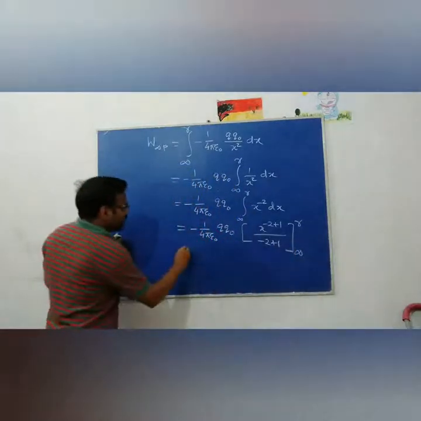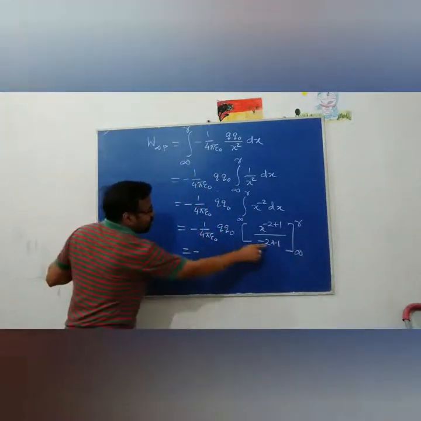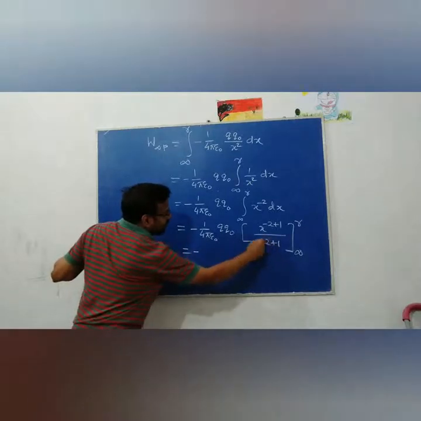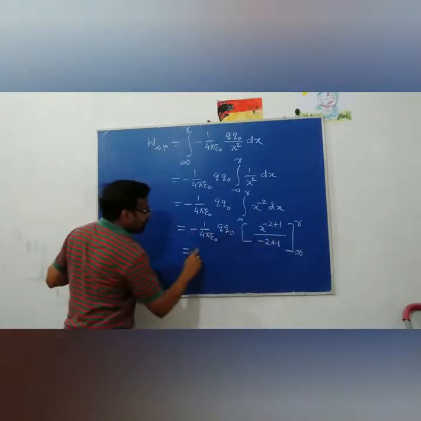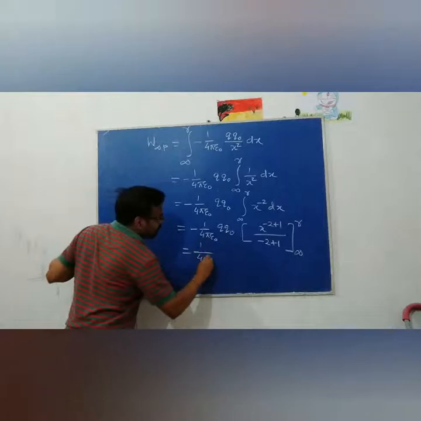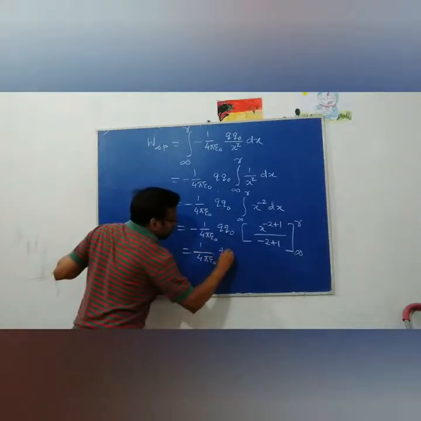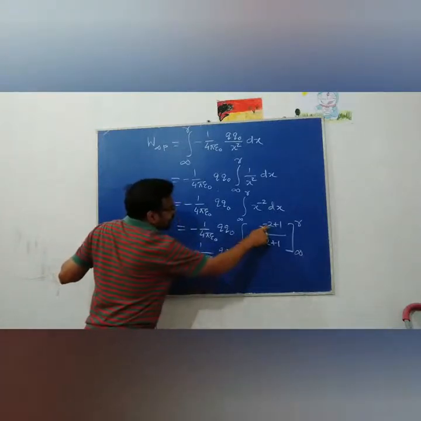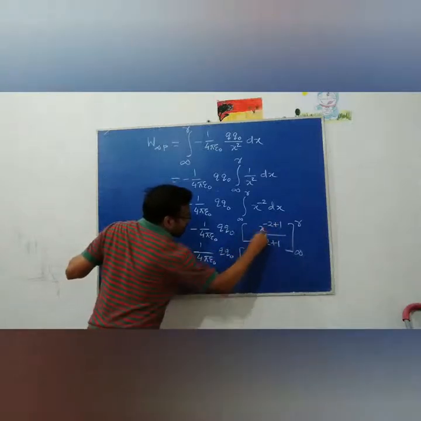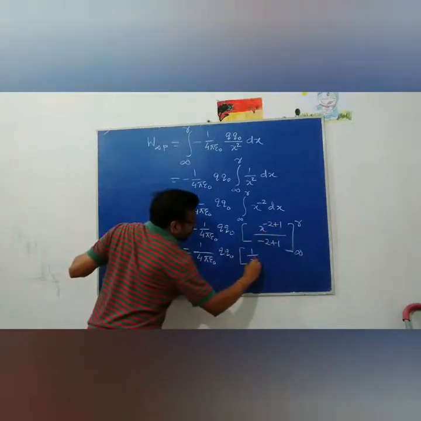So next step, minus 2 plus 1 will be minus 1, and the minus signs cancel. So it will become 1 by 4 pi epsilon naught Q Q naught, x to the minus 1, and how do we write x to the minus 1? 1 by x.